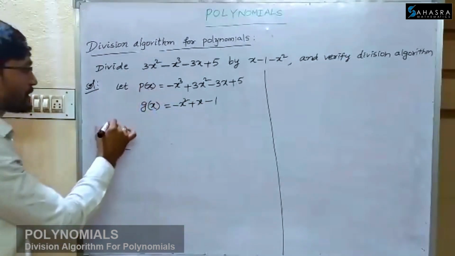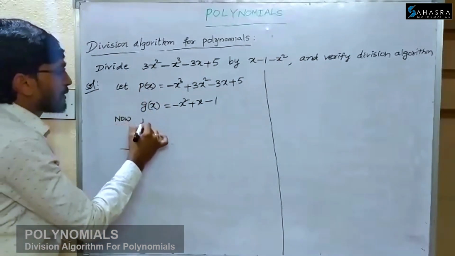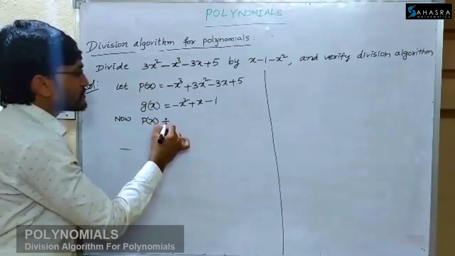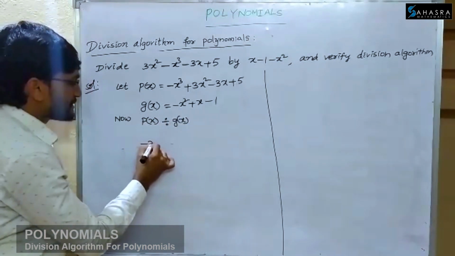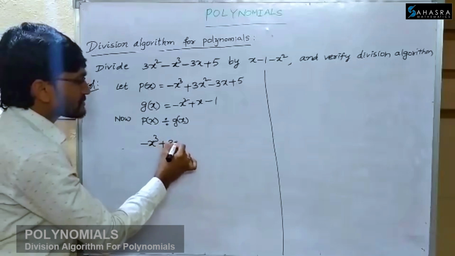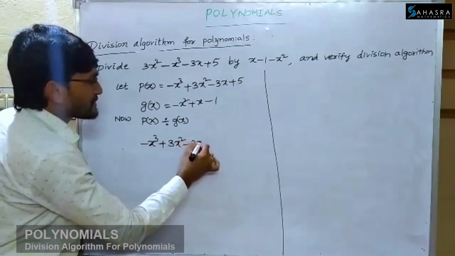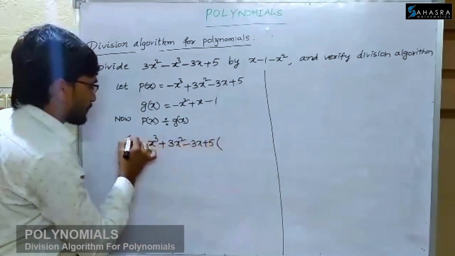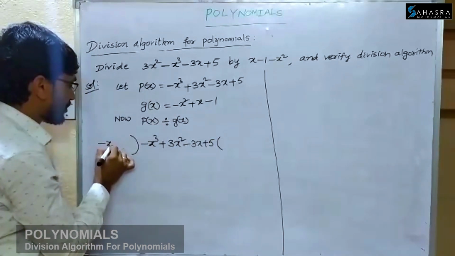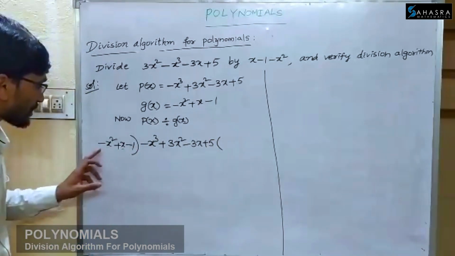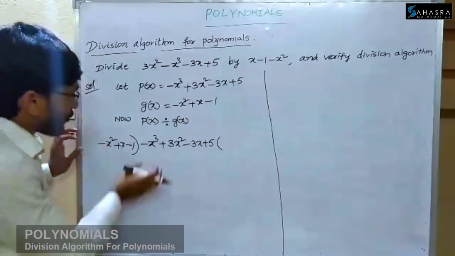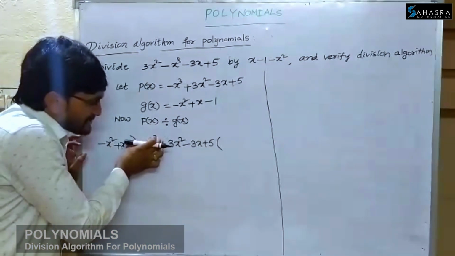Now divide p of x by g of x. So minus x cube plus 3x square minus 3x plus 5, and this one is g of x, minus x square plus x minus 1. Now we have to eliminate this minus x cube term.